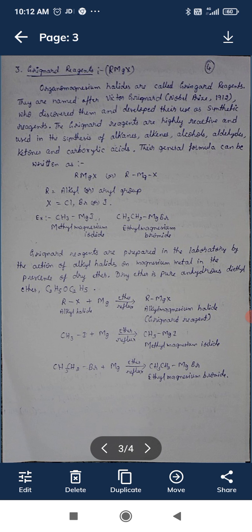Friends, we have very many synthetic applications of the Grignard reagent. Grignard reagents are highly reactive and used in synthesis of alkanes, alkenes, alcohols, aldehydes, ketones, and carboxylic acids.